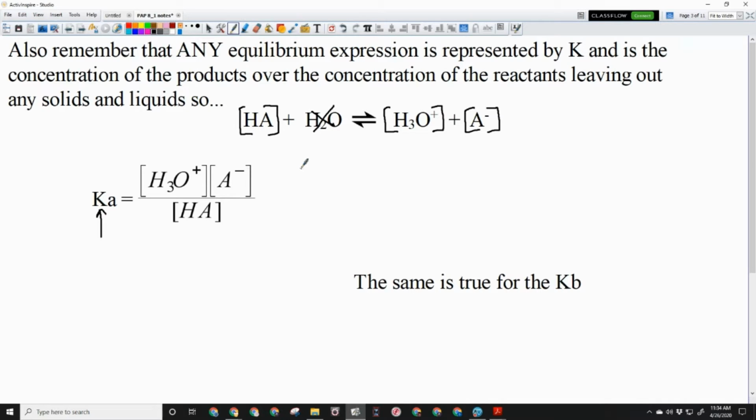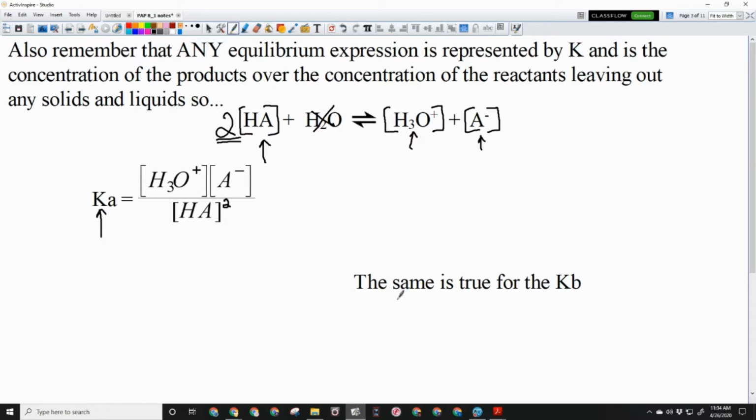So the equilibrium expression for this equation would be the concentration of H3O times the concentration of A divided by the concentration of HA. And we see that right here. Now, if we had any coefficients that were used to balance this, like say, for example, we had this coefficient here, remember, this coefficient then becomes an exponent when you put it into the equilibrium expression.